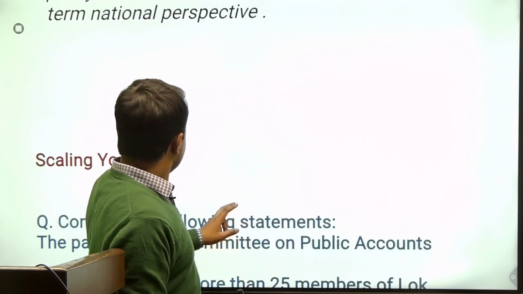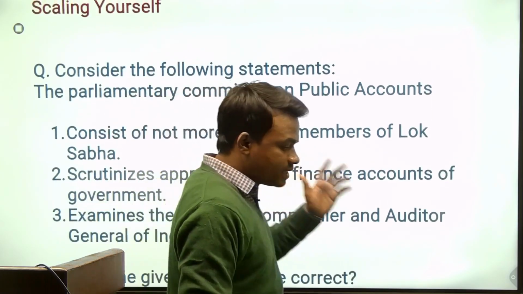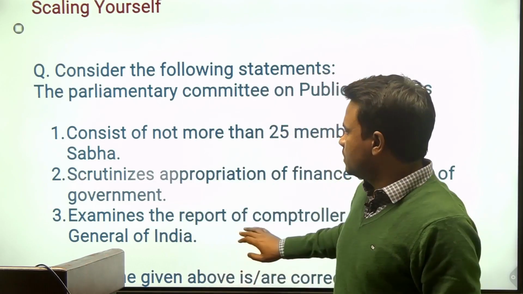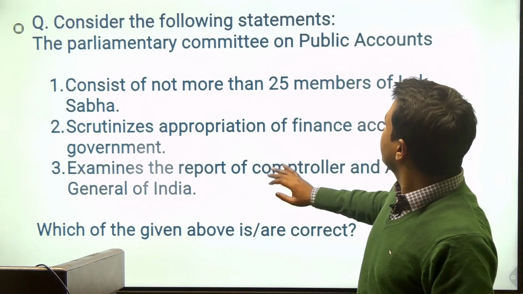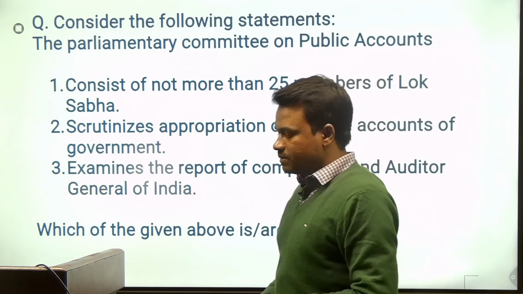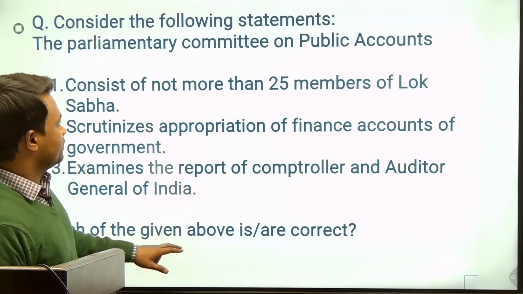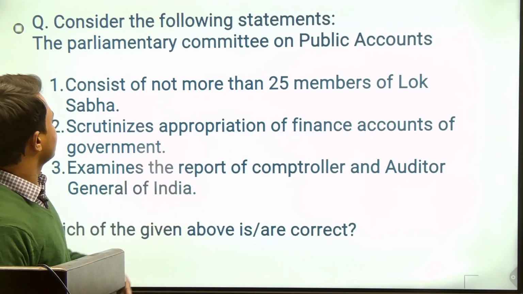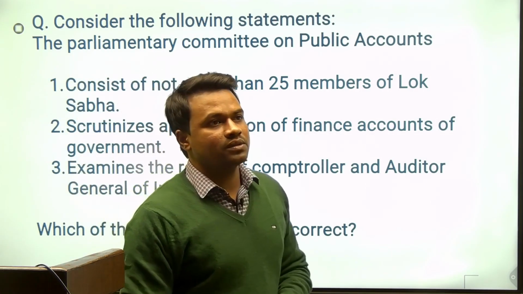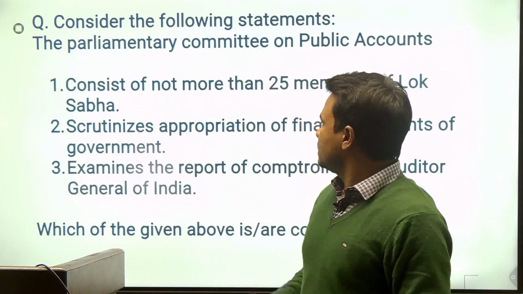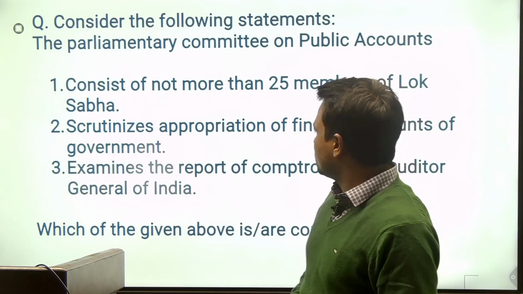At the same time, a previous question from the year 2013, when UPSC asked: consider the following statements on the Parliamentary Committee on Public Accounts, that is the PAC. If you read, please pause on this question first. Statement one: it consists of not more than 25 members of the Lok Sabha. Statement two: it scrutinizes appropriation and the finance accounts of the government.